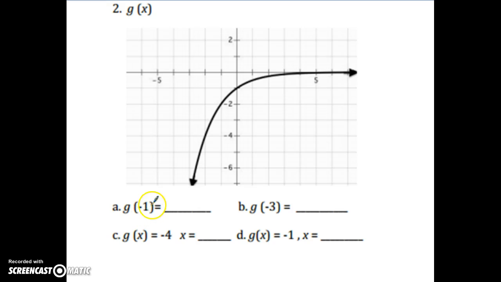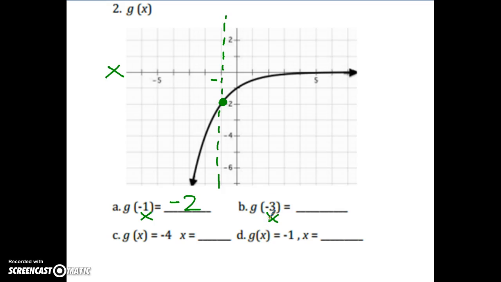Same thing. So when this is my x, so I know x is negative 1. So what's my output at negative 1? In this case, it looks like it is down 2 squares to get to the line, to get to the graph. So that's the point negative 1, negative 2.